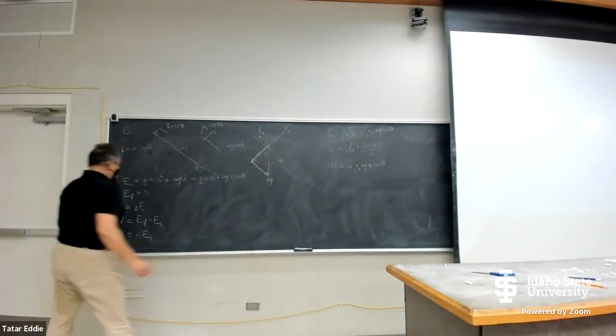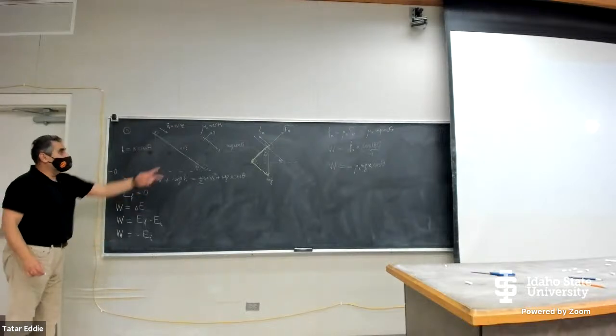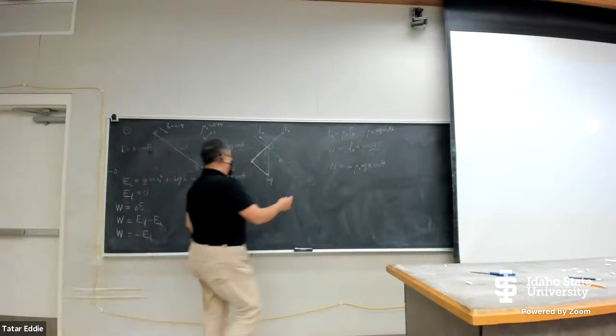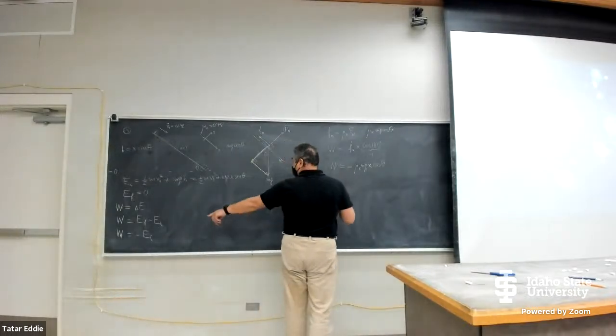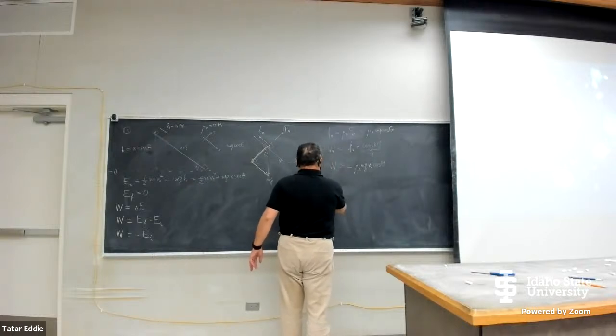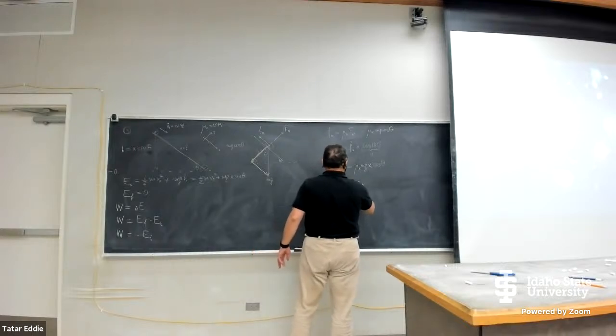And now here is the work energy theorem. That work has to be equal to this. Since the work is equal to negative initial energy, the work is negative coefficient of friction mg x cosine of theta.